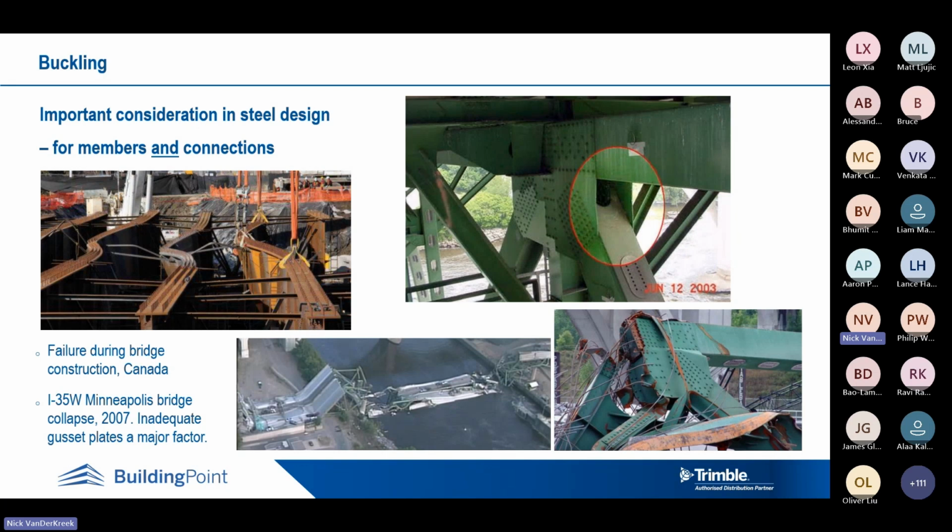This failure of a bridge during construction in Canada illustrates perhaps some issue with temporary bracing or something like this. And clearly we have a lateral torsional buckling failure here.